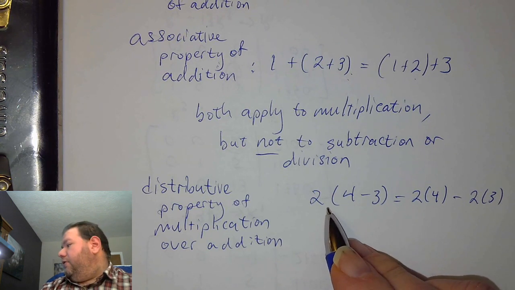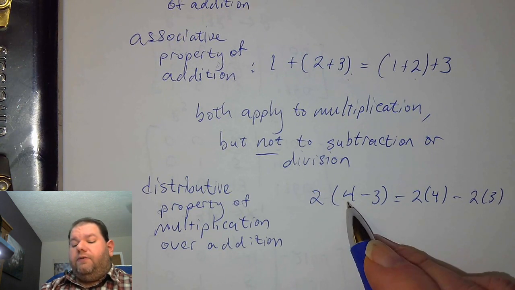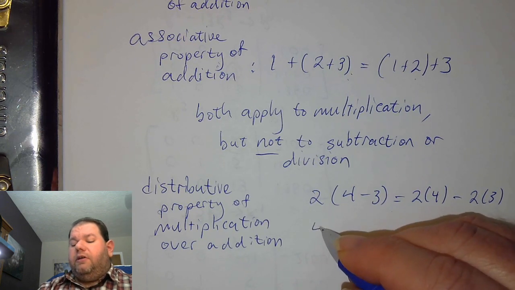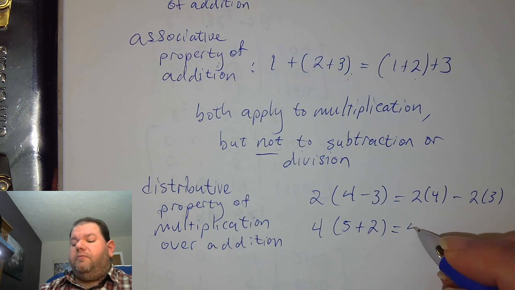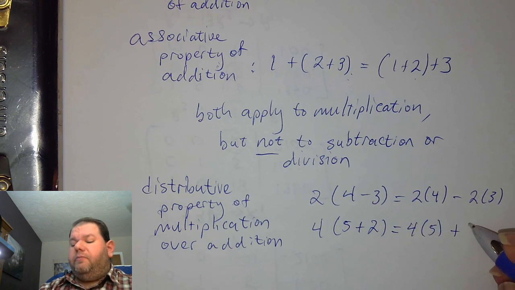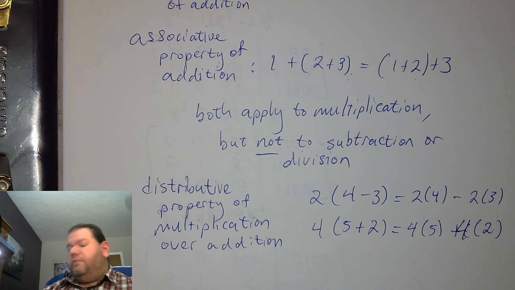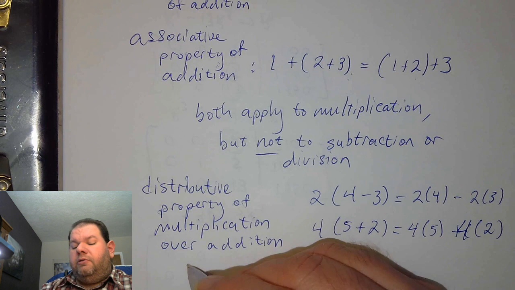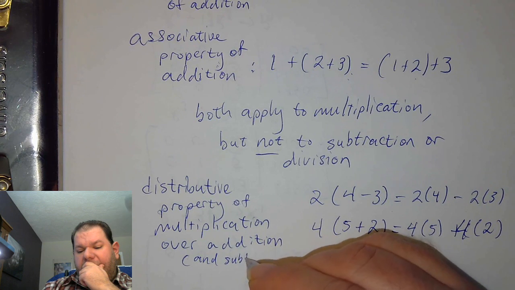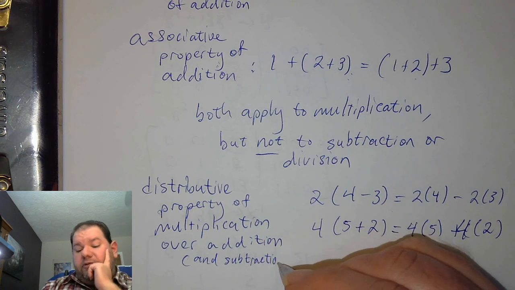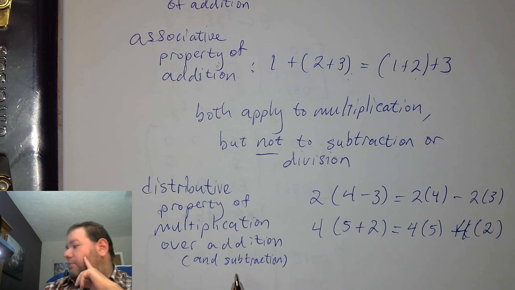That's just distributing the 2 to each of those numbers. 2 times 4 minus 2 times 3. And the same is true if the numbers are added. So I would comment that that also includes subtraction here when we look at this distributive property.